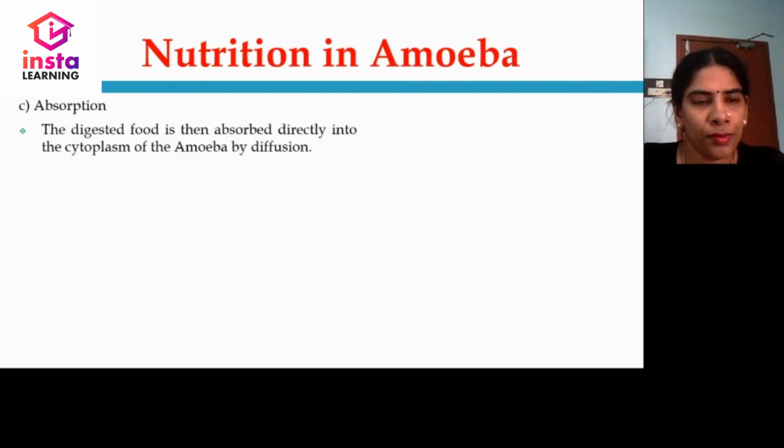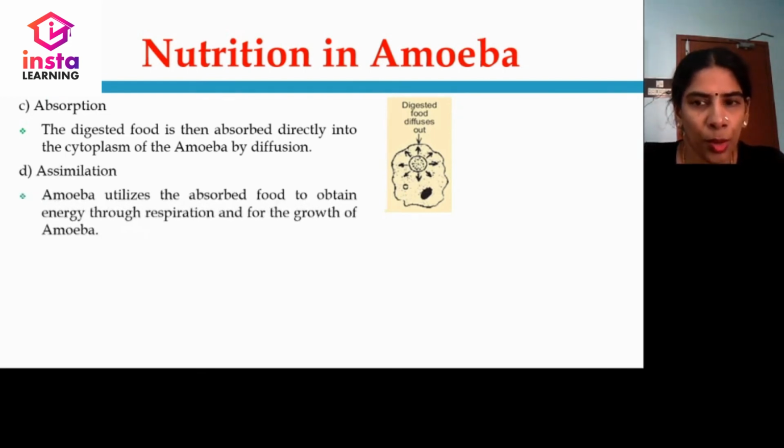Absorption. The digested food is then absorbed directly into the cytoplasm of the amoeba by diffusion. Assimilation. Amoeba utilizes the absorbed food, that is, uses the absorbed food to obtain energy through respiration for the growth of amoeba.